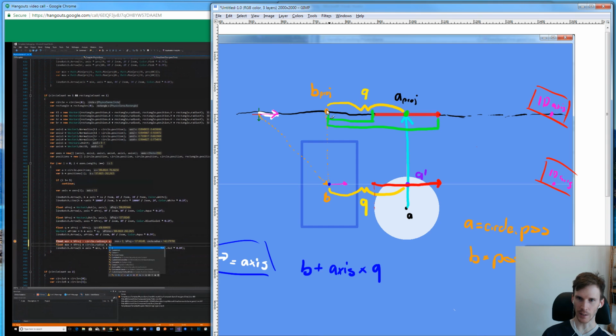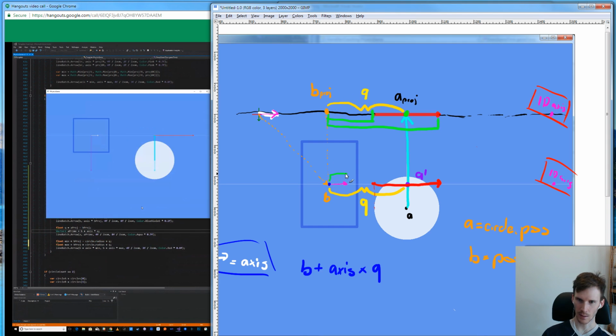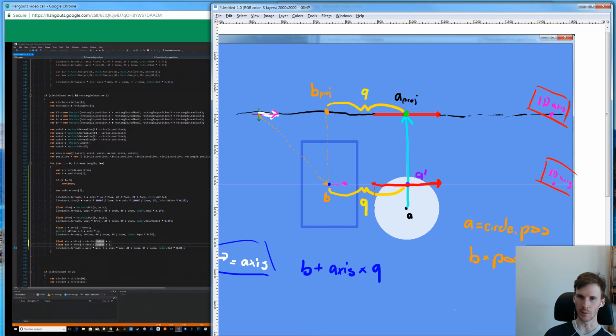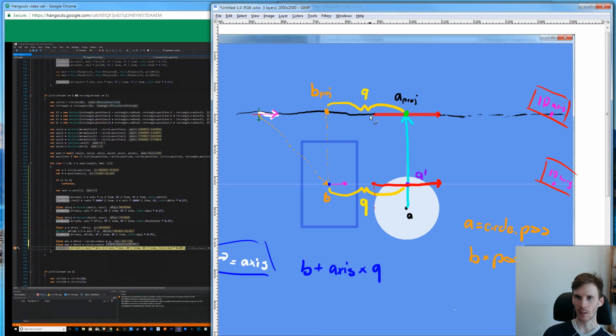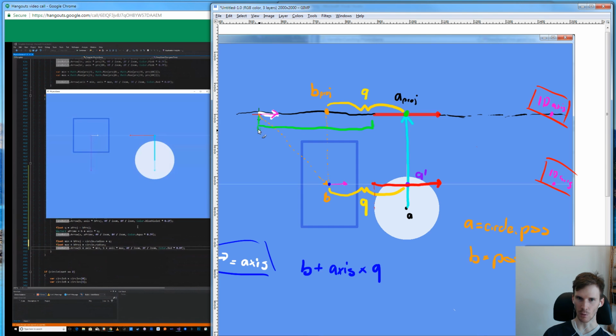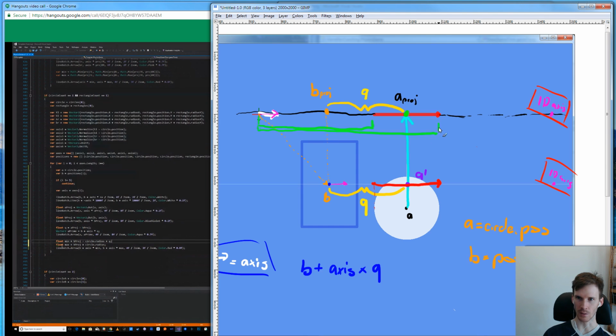So you can see how, like Q, we have these other distances there and there. Does that make sense, what I've just drawn? Mm-hmm. Okay. So what we have at the moment is this distance here. This is what min is originally, and this is what max is originally.